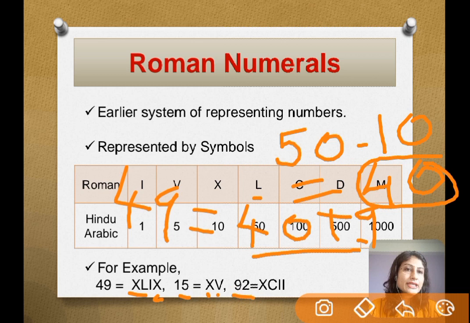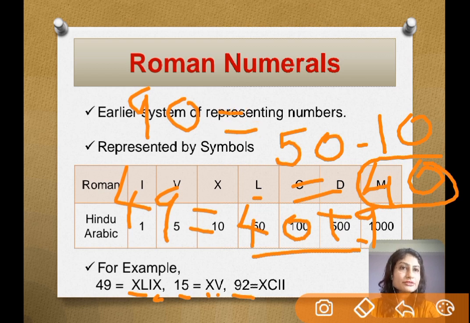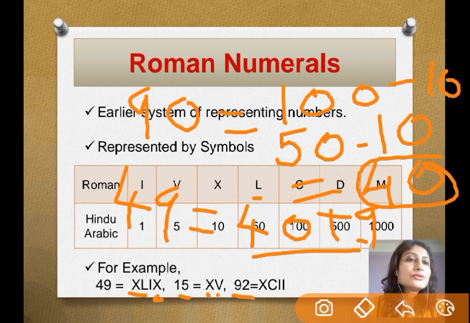Then next number is 92. So we know that again we can write 100 minus 10 is equal to 90, right? So 90 is equal to 100 minus 10. So what is Roman numeral for 100?